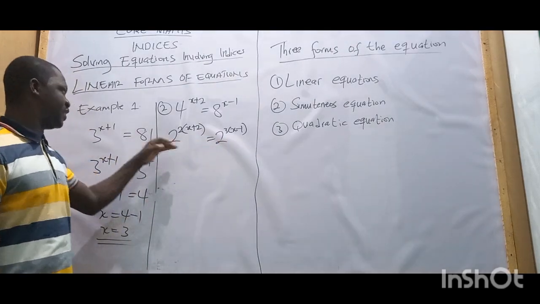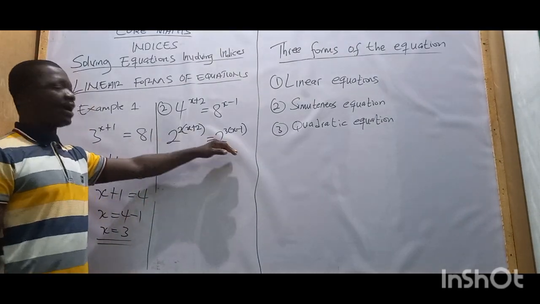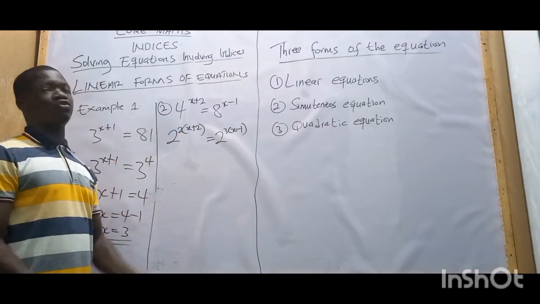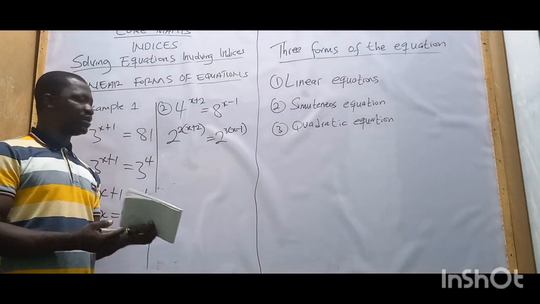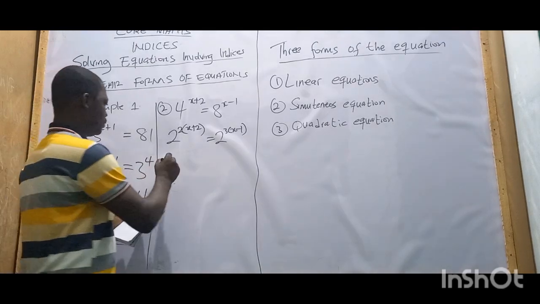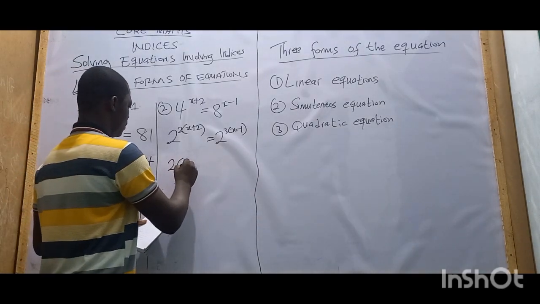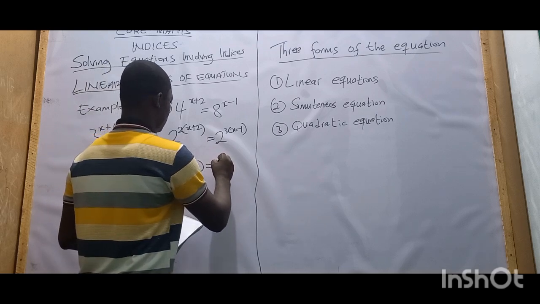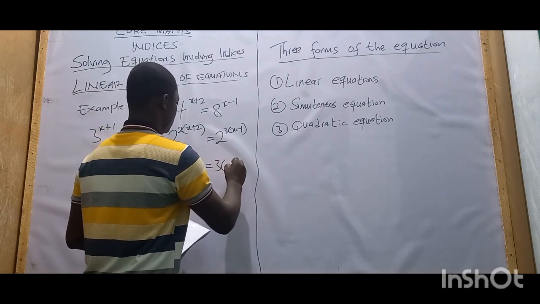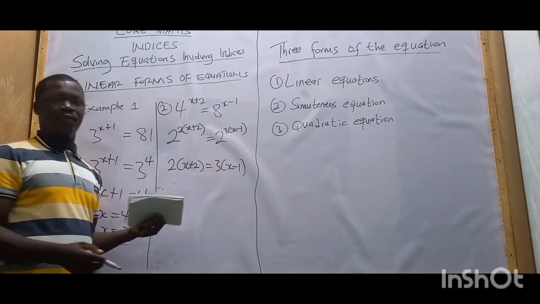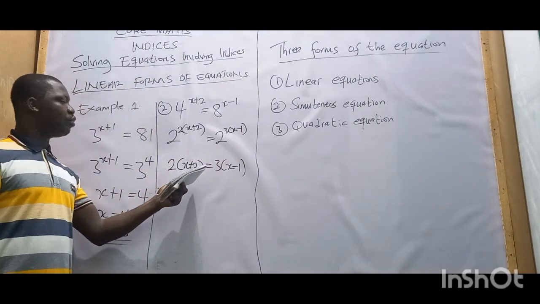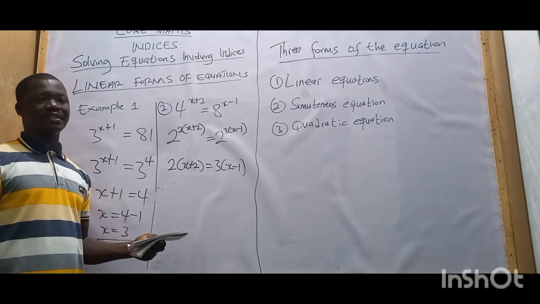Right. So now since the bases are the same, I can now equate the exponents and move on to solve for my x. Right. So now I have 2 into bracket x plus 2 bracket close equal to 3 into bracket x minus 1.